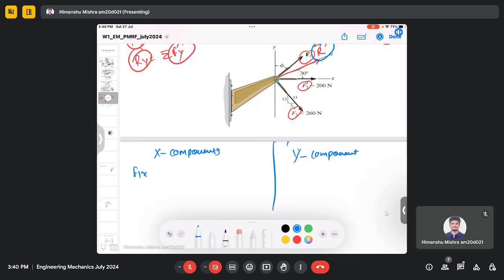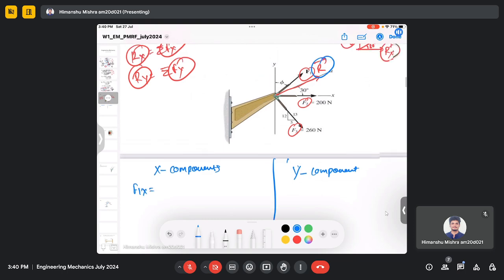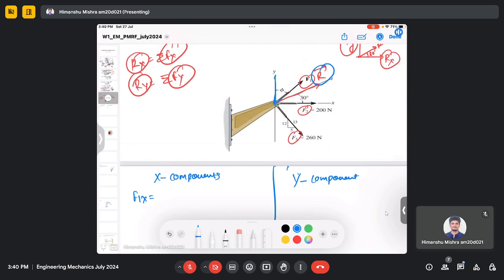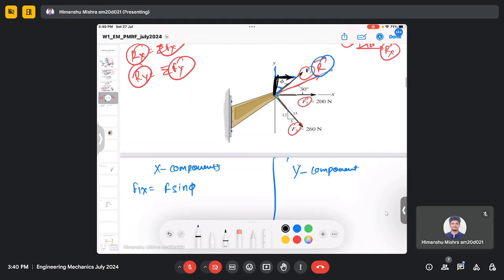So my F1x will be, so you can see the angle it is making from the vertical axis. Okay, so this is my angle phi. And if I want to know the force in the x direction, which is this one, then my F1x will be F sine phi. And in the y direction here, it will be F cos phi. F1y is F cos phi.